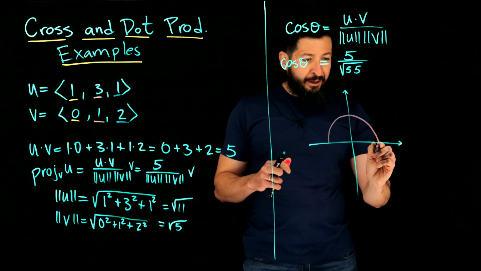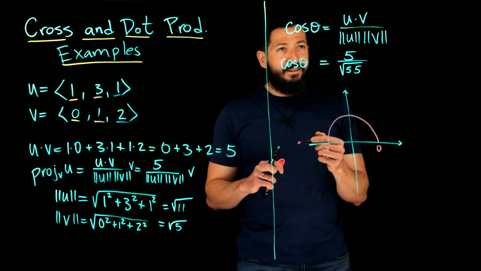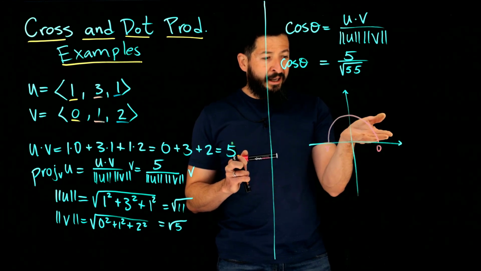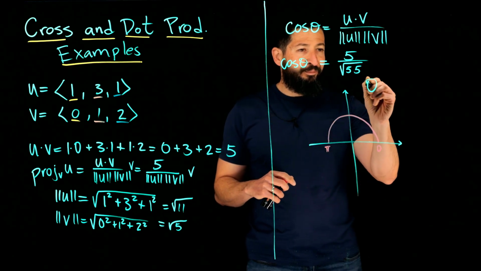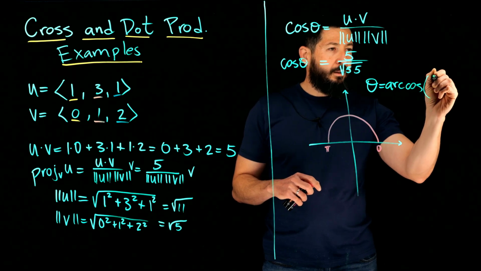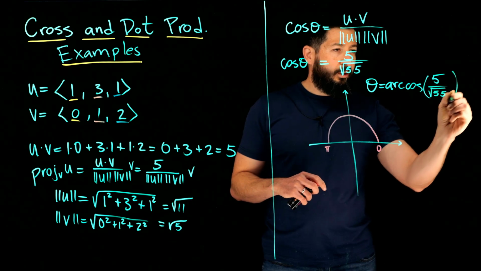So between 0 and pi, whenever you do an arc cosine, you're always going to get angles in between this semicircle, or the angle between 0 and pi. So if I do the arc cosine here, that's going to give me an angle between these two.